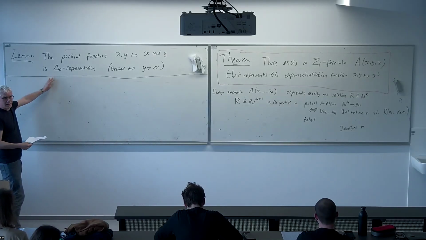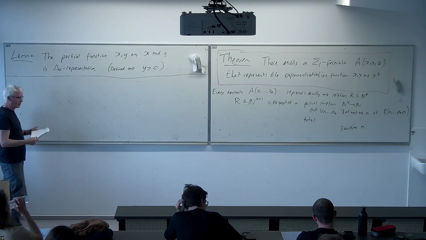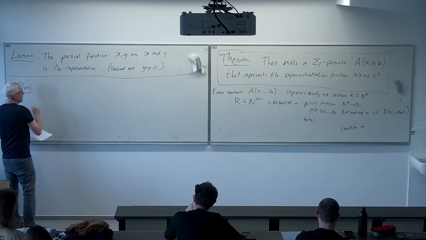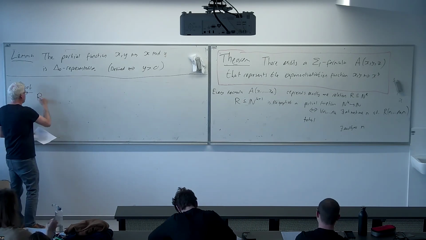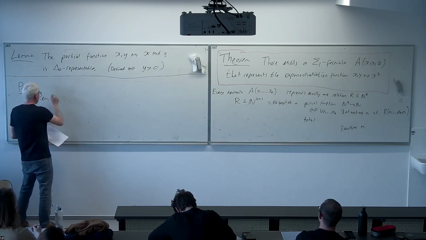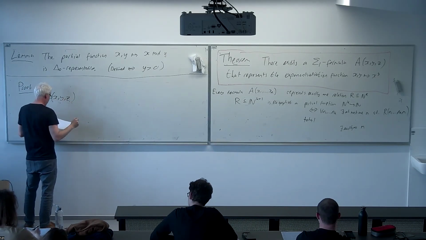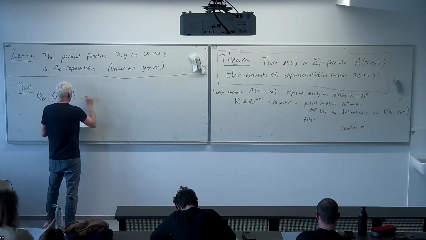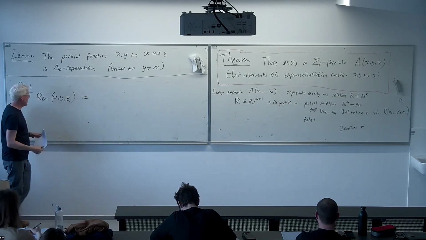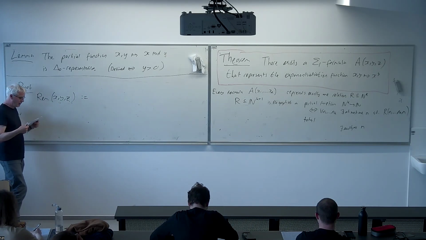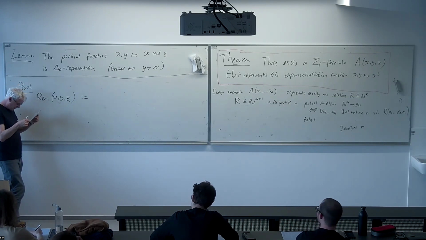So we just need a 3-argument delta 0 formula, and in this case, I'm going to call this formula rem, and it's really easy to find such a formula. So when is z the remainder of x divided by y? Well, let's see if I've got this right.